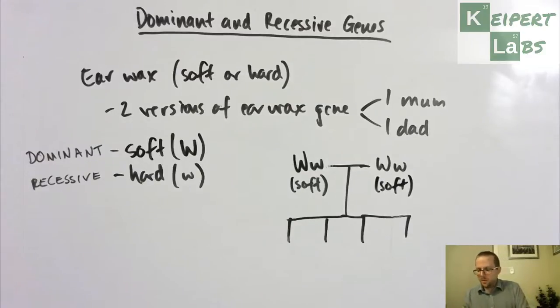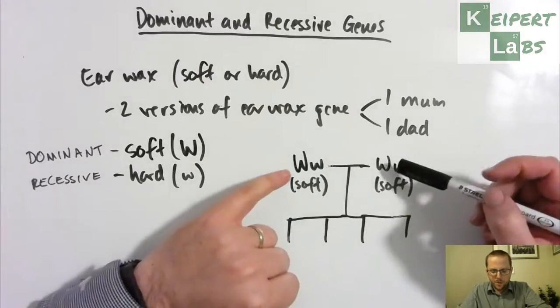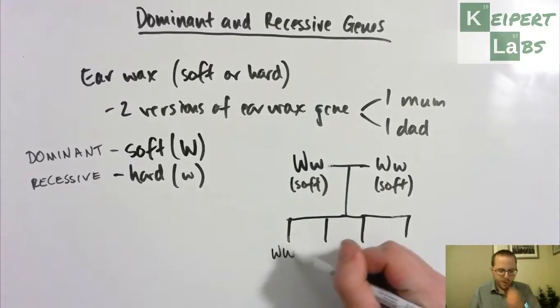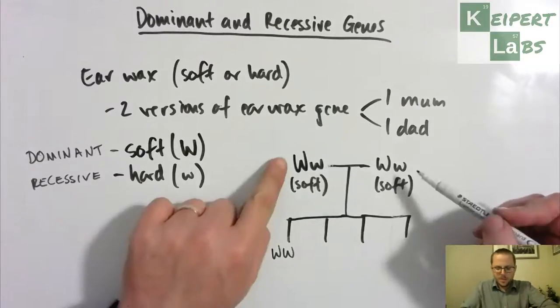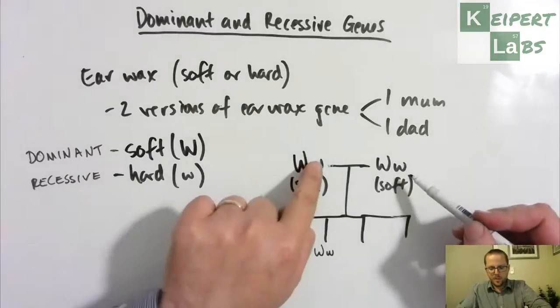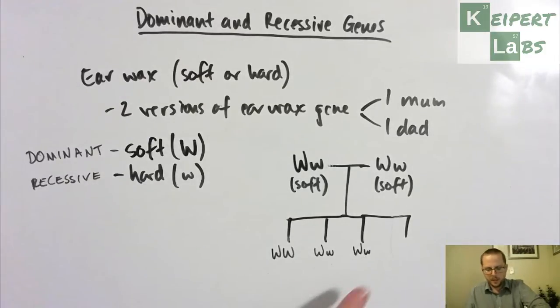In terms of probability, you've got a 50-50 chance of picking either gene from you and from your partner. So we'll probably get someone who's got two capital W's, someone who's got a capital and a lowercase w, someone who's got a lowercase and then a capital W. I'm still going to write it like that. You'll see why in a bit. And then one poor lucky sod who's going to get both lowercase w's.